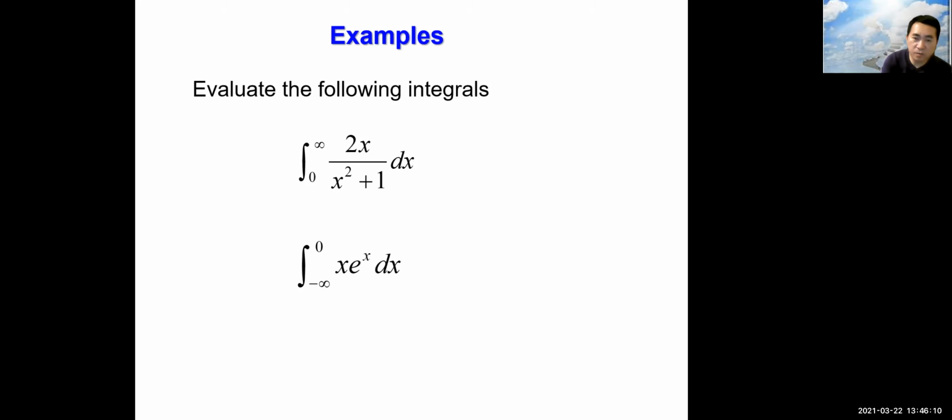So what we're going to do is do it in 2 steps. We're going to replace the infinity with an arbitrary constant, and then we let the arbitrary constant approach infinity. That's the way we do it.